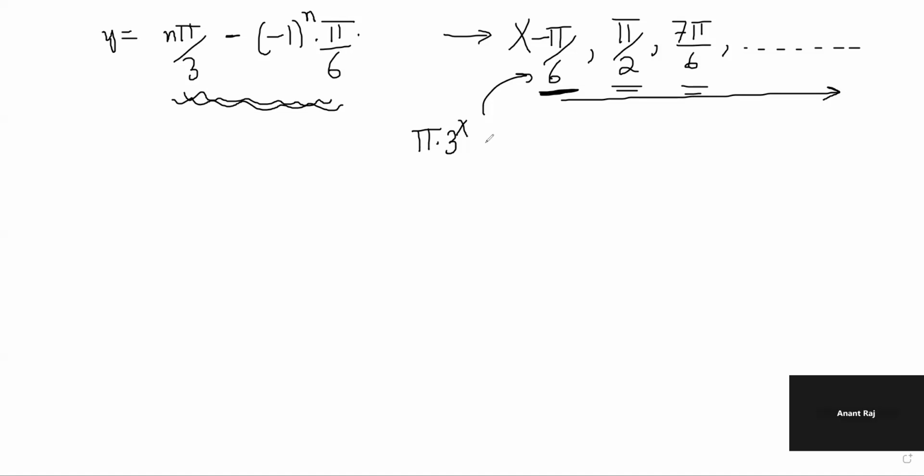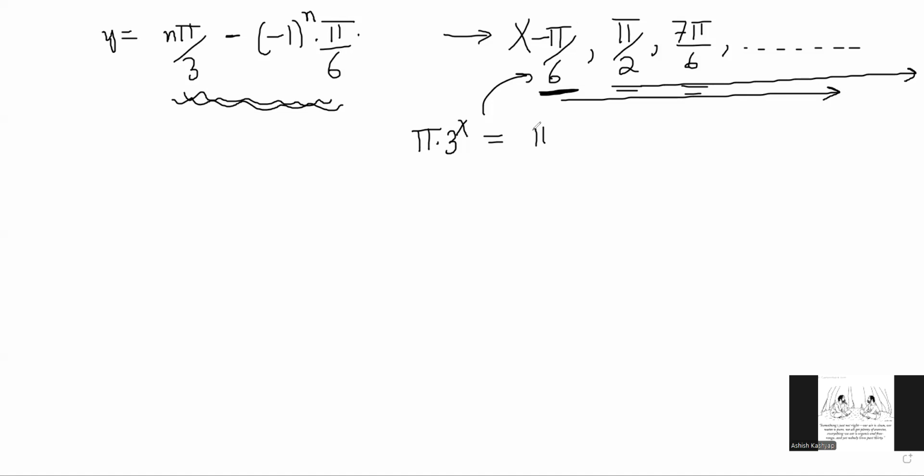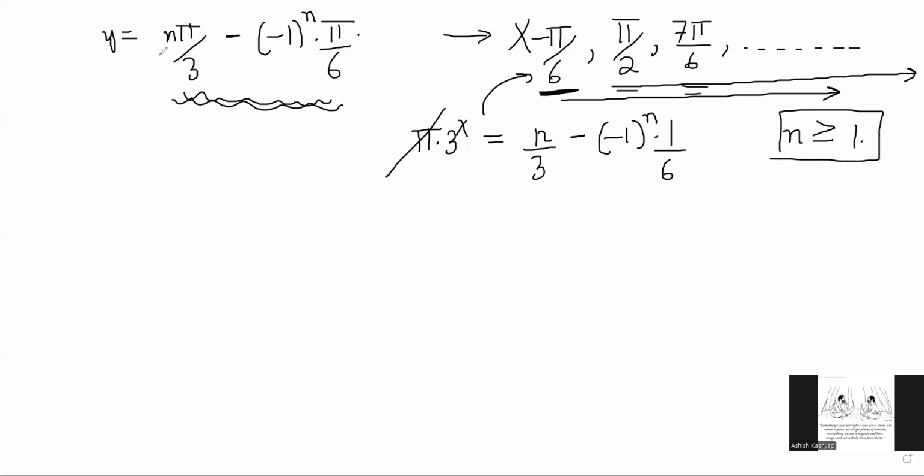Yes. And after that, from n is equal to 1 onwards, all the integer values after that will be positive, and you can divide by pi, and you will get basically something like this: n by 3 minus 1 power n into 1 by 6, after cancelling pi, and n has to be greater than or equal to 1. We have rejected n is equal to 0. Do you understand why? Yes, sir.